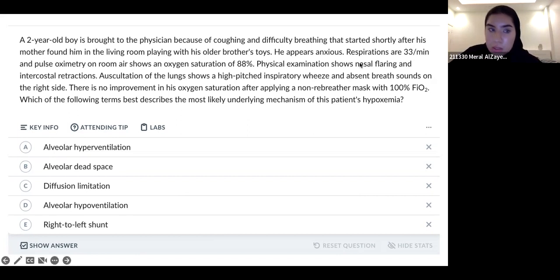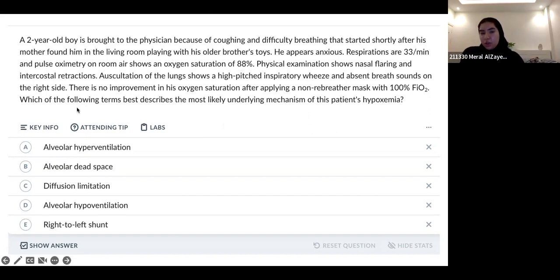Physical examination shows nasal flaring and intercostal retraction. Again, these are another clue that the patient is trying to breathe to regain his normal oxygen saturation. Auscultation of the lung shows a high-pitched inspiratory wheeze and absent breath sounds on the right side. This again is another clue for aspiration of the toy.